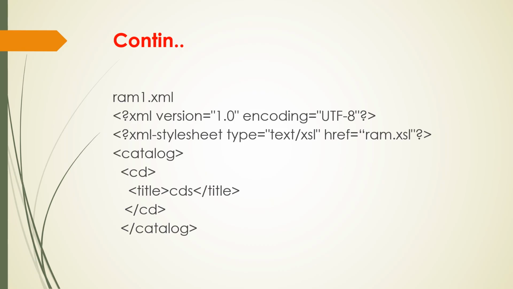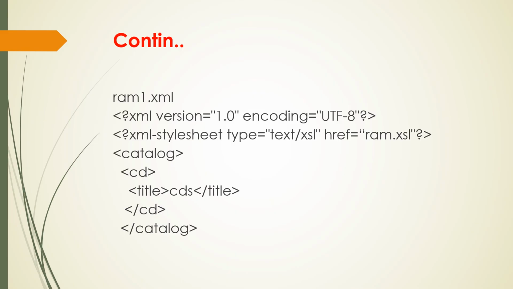Consider the example of an XML program. Here the XML program starts with <?xml version="1.0" encoding="UTF-8"?>. Here catalog is the root tag, CD is the subtag, and the CD subtag again contains title as another subtag.